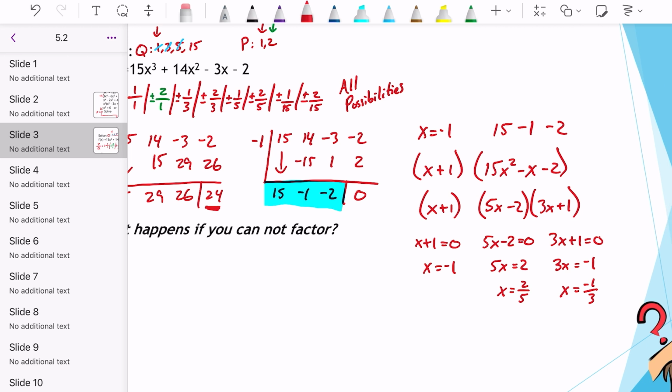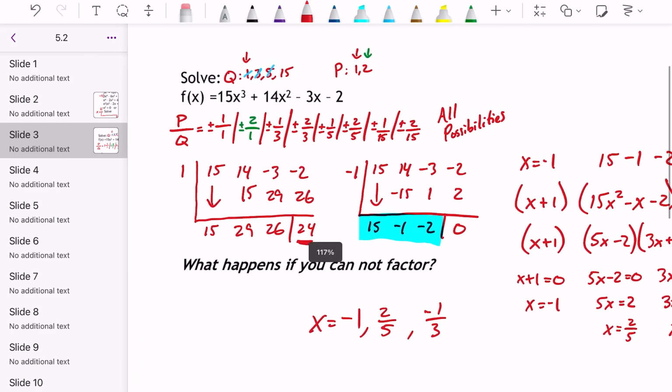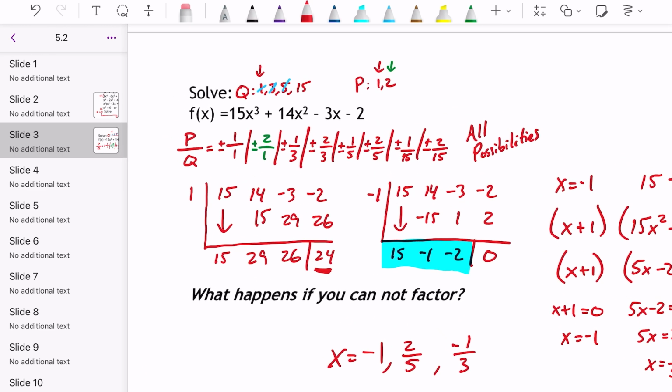So our final answers for this problem would be that x is equal to negative 1, 2/5, and negative 1/3.